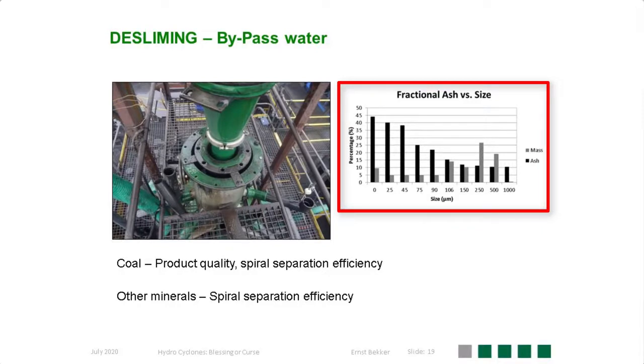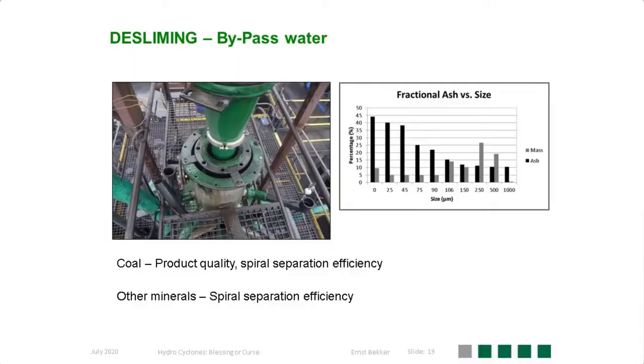So you're introducing a high ash fraction onto the spiral, which then affects the product quality from the spiral. In other minerals, having a dilute underflow going to the spiral affects the performance of the spiral separation process.